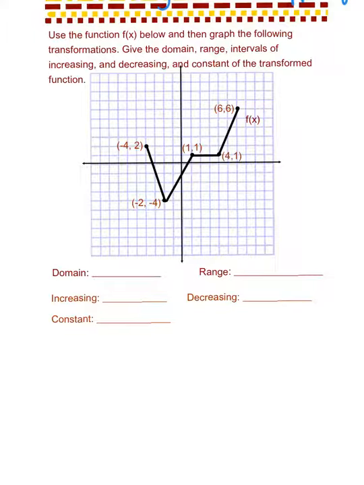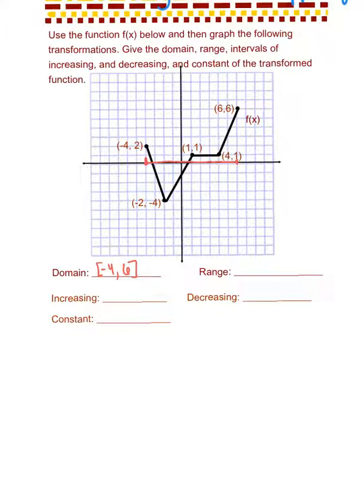So for my domain, remember that's the list of all the x values that get hit. When I'm looking at this function, it looks like -4 is my lowest x value that gets hit. And then I pick up all of these x values until here, 6. So my domain is from -4 to 6, and I'm including the -4 and the 6.